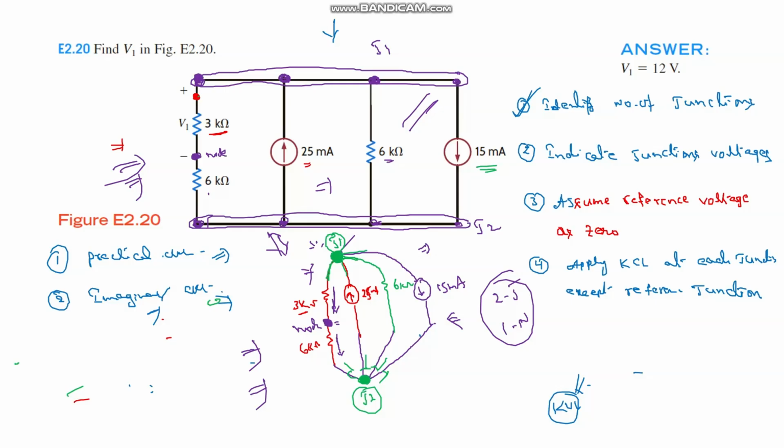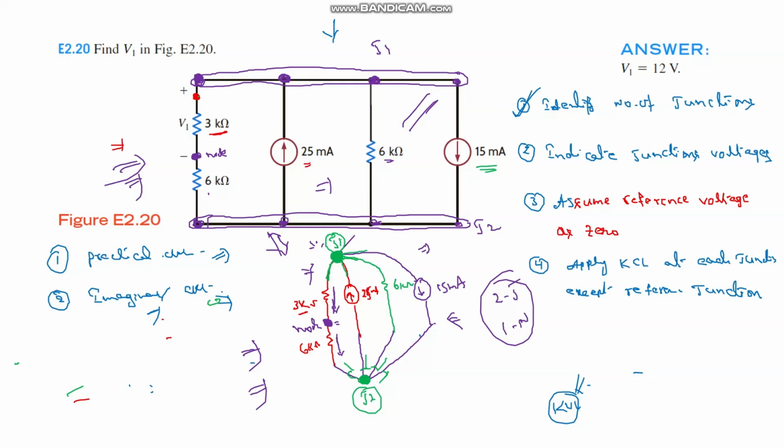Keep it in mind: KCL can be applied at a junction only, where current can divide into a number of paths. We need not apply KCL at a node, because the current flowing at the node is the same.